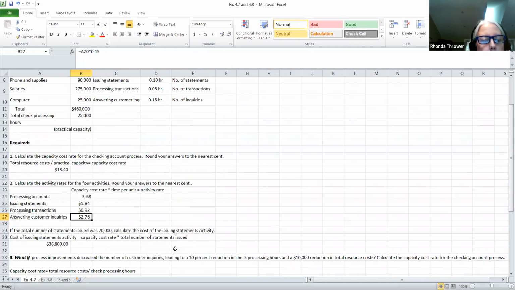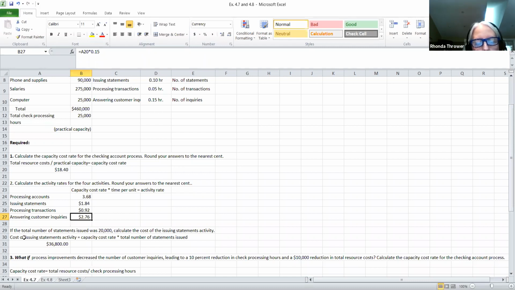Then what we're going to need to do is calculate the total cost. And I want you to read carefully here what they wanted in part 2 of requirement number 2.